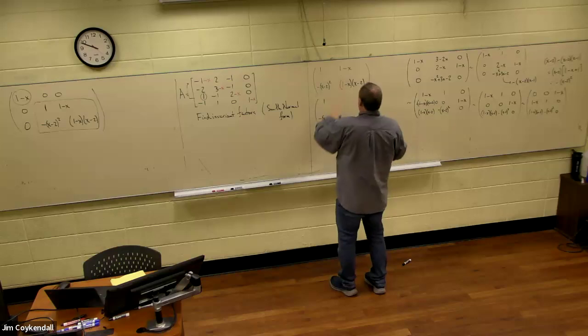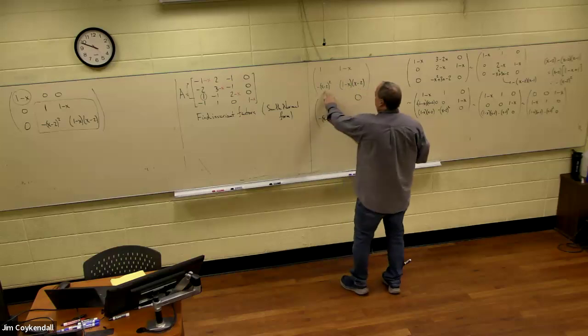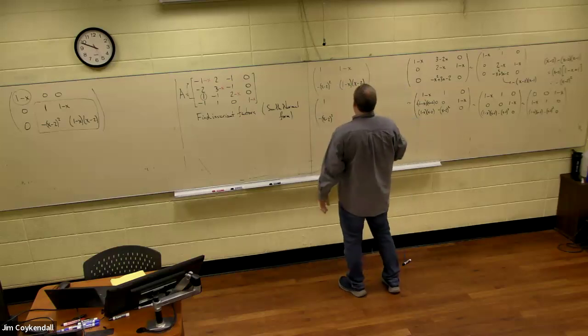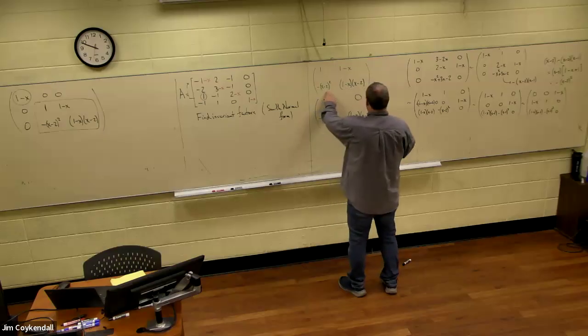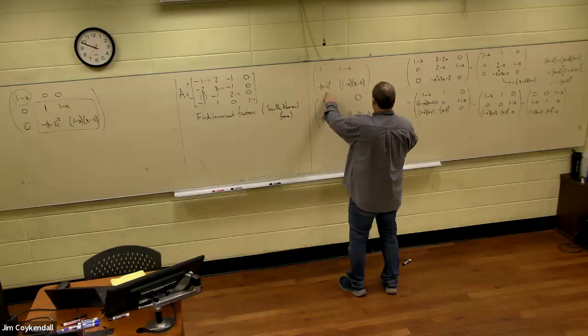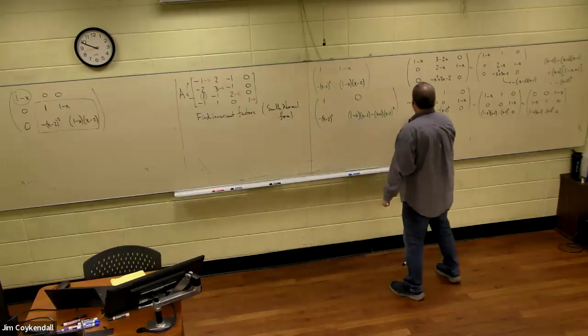Multiply by x minus 1 and add. And so I get 1 minus x, x minus 2, minus x plus 1, x minus 2 squared. And I bet this simplifies nicely.